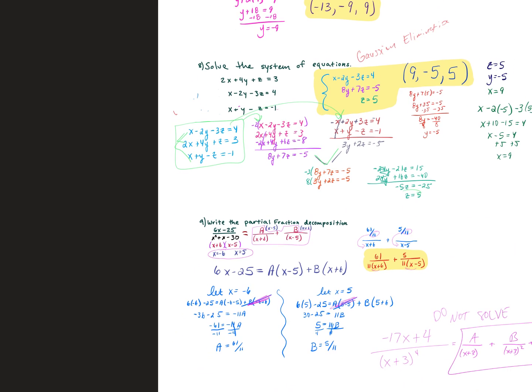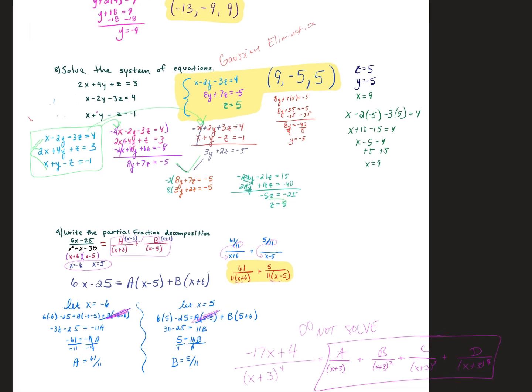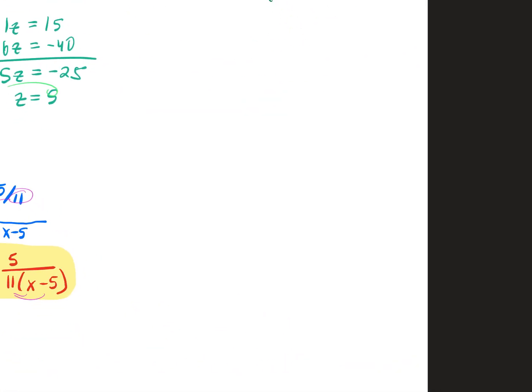Anybody else have any questions on this page? If you have a fraction like negative 5 over 11, that whole thing, do you have to move the negative over and change it to a subtraction, or is it fine? You can if you want. Just say you had 7 over x plus 3 plus a negative 5 over x minus 1.